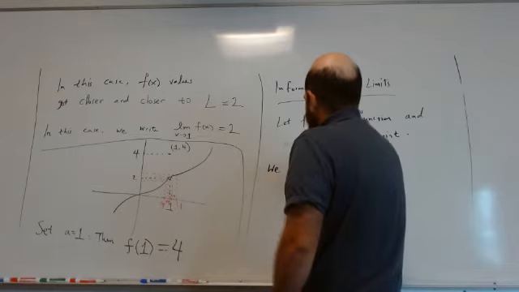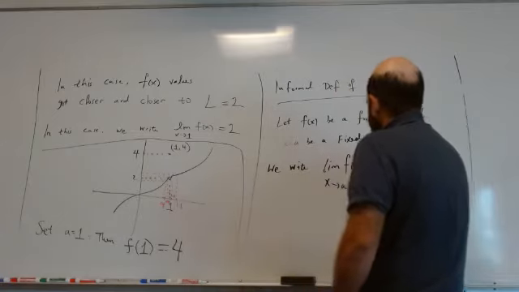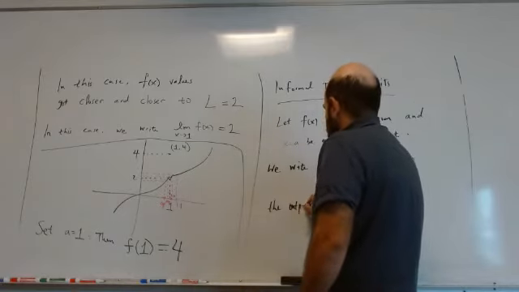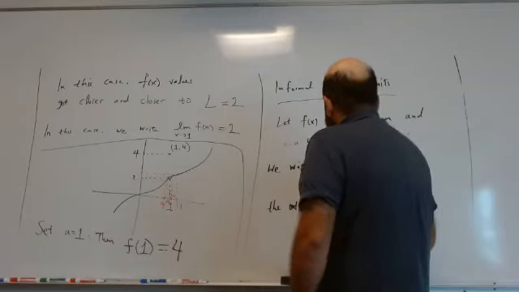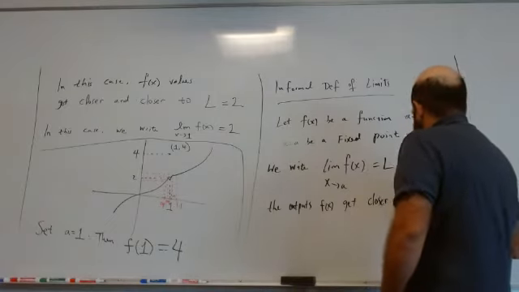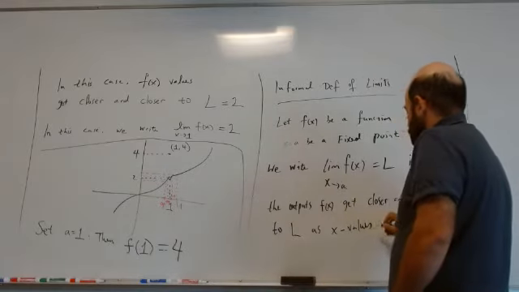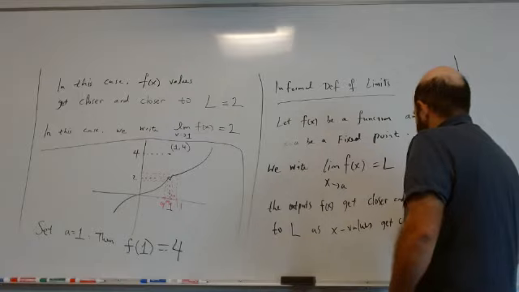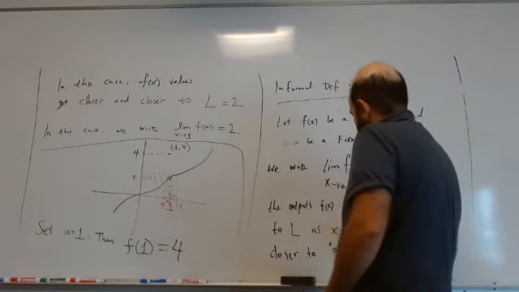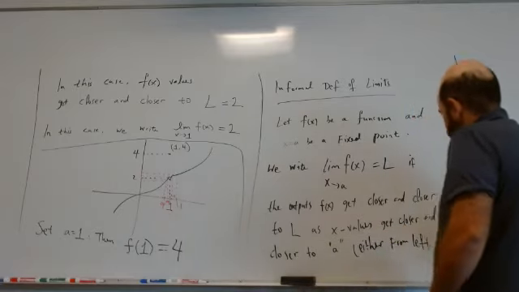We write limit f of x as x approaches a is equal to L if the outputs f of x get closer and closer to L as x values get closer and closer to a, either from left or from right.